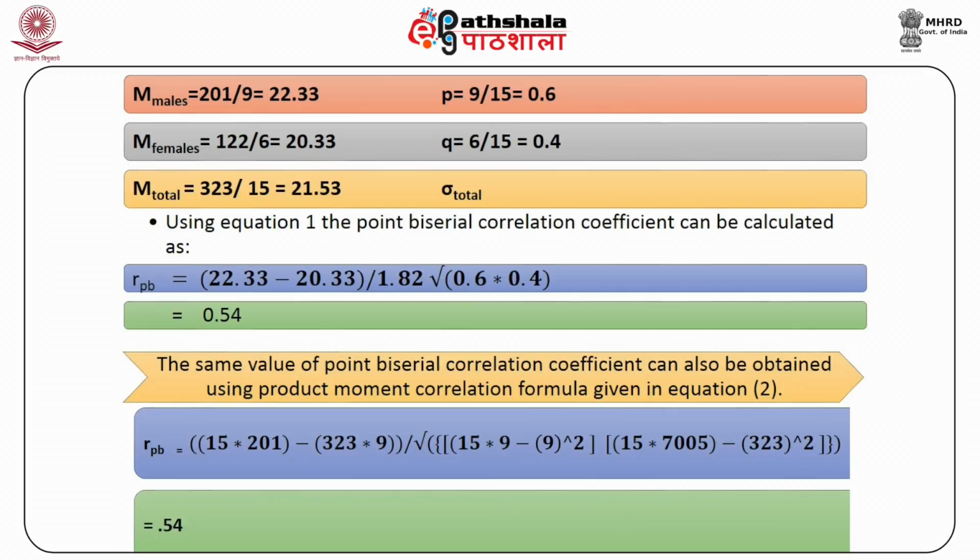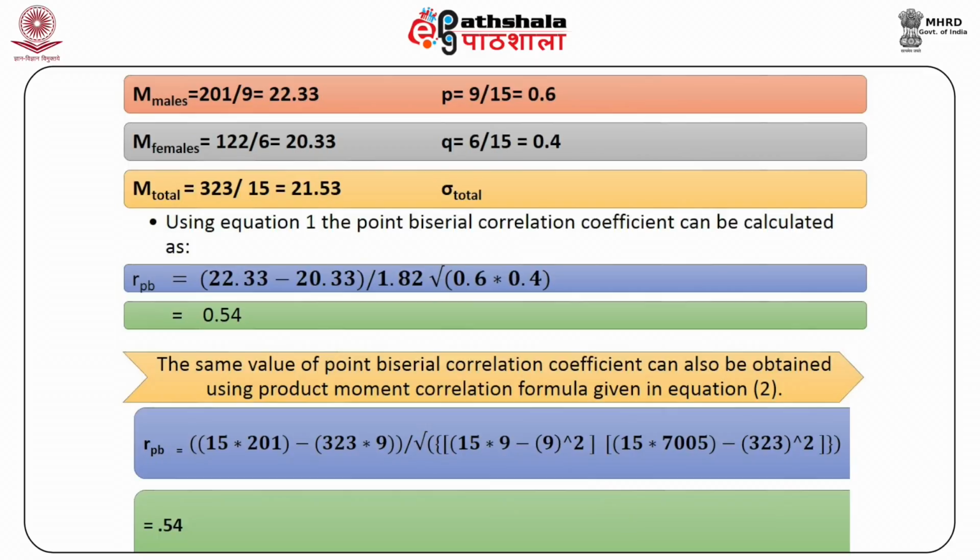The total mean is 323 divided by 15, as the total sample size is 15, which is 21.53. The proportion P for the males is 9 upon 15, as the number of males is 9 out of 15, and the proportion is 0.6. For the females, the proportion Q is calculated to be 6 upon 15, which is equal to 0.4.